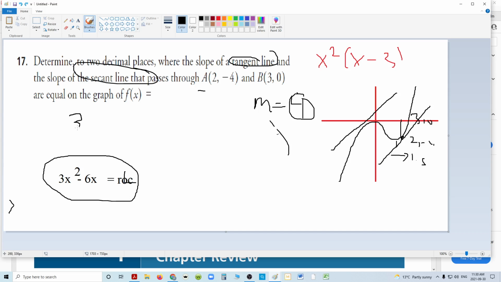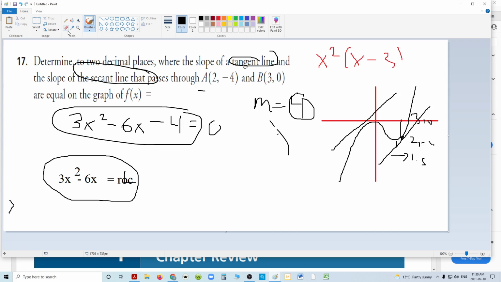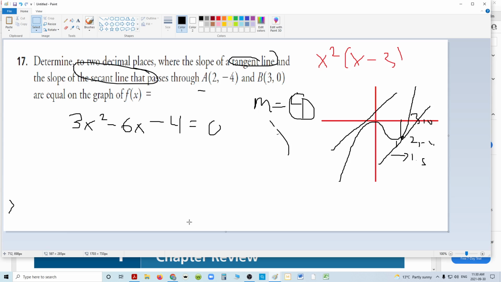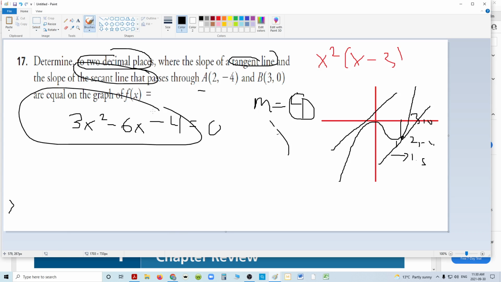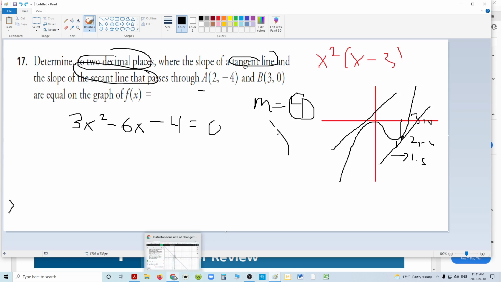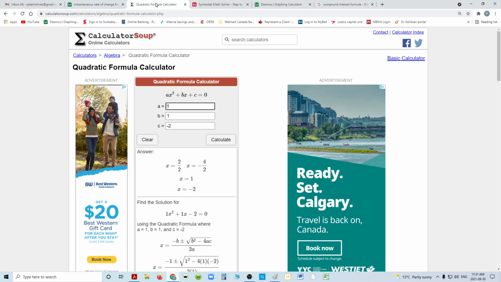Well, 3x squared minus 6x equals 4 is the same as 3x squared minus 6x minus 4 equals 0. It's clear there's going to be 2 solutions, right? Since it says 2 decimal places, it's clear that it's not going to be solved by factoring. So I'm going to take my quadratic calculator and put in 3, minus 6, and minus 4.